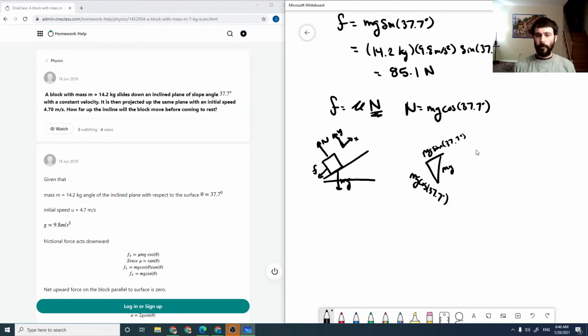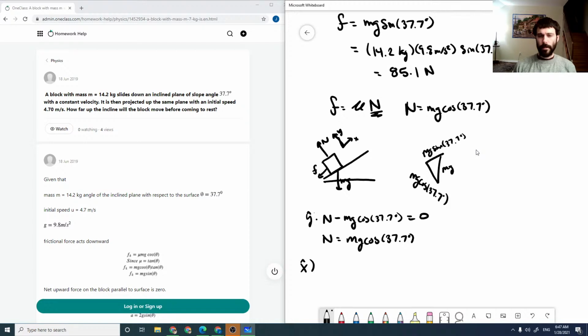So then if we look in the y-hat direction, we've got our normal force minus mg cosine of 37.7 equal to 0. So then our normal force is mg cosine of 37.7 degrees. So our normal force is the same, so our frictional force is going to be identical.